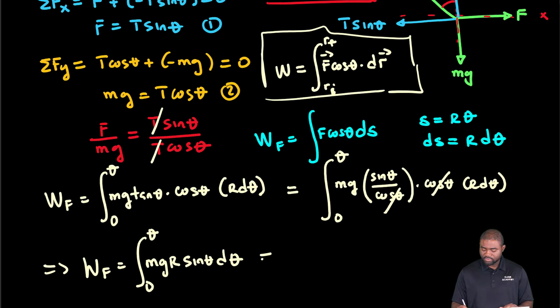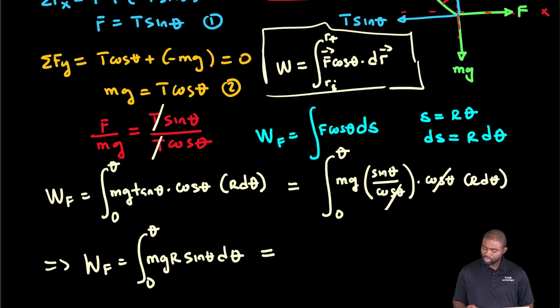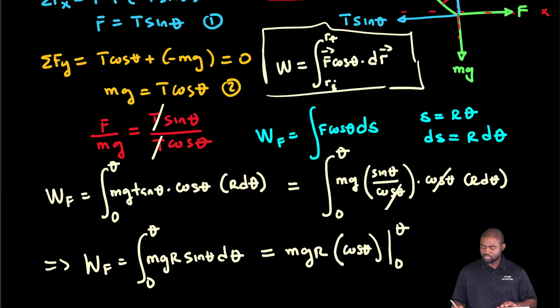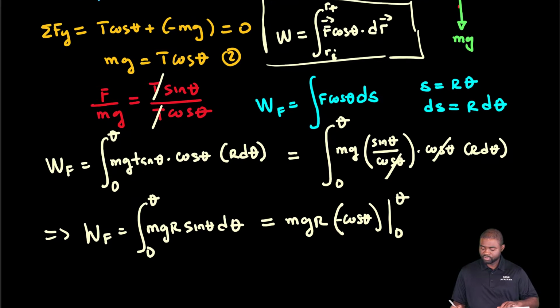Now, what is the integral of sine theta? The integral of sine theta is just negative cosine theta, so this is mgr times negative cosine theta from 0 to theta.